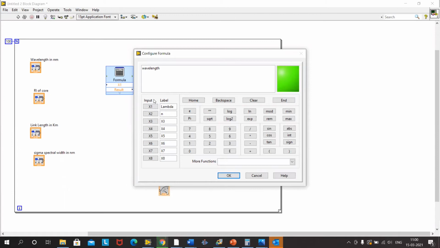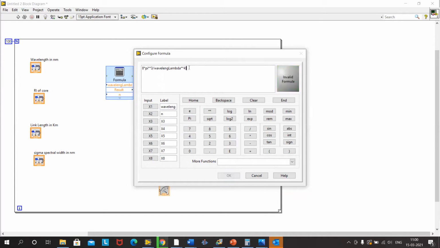So once we have this, for the Rayleigh coefficient, we will simply write our formula: 8 into pi cube. For the power, we will just use the double star. 8 pi cube divided by lambda, that's the wavelength, lambda to the power of 4.